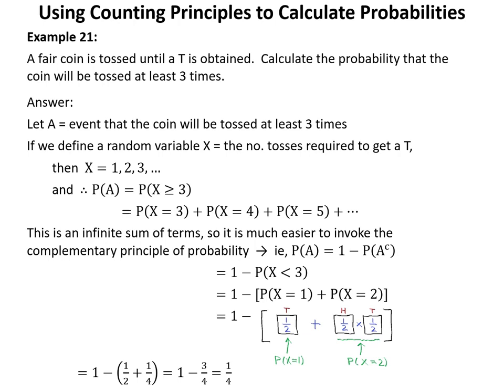So if x equals 2, it must mean that we got heads and then tails. And since the probability of both heads and tails is 1/2, the answer for x equals 2 is just 1/2 times 1/2, or 1/2 squared. So what we end up with is that the answer to this question is equal to 1 minus the sum of 1/2 plus 1/4. And that gives us 1 minus 3/4 for a final answer of 1/4.